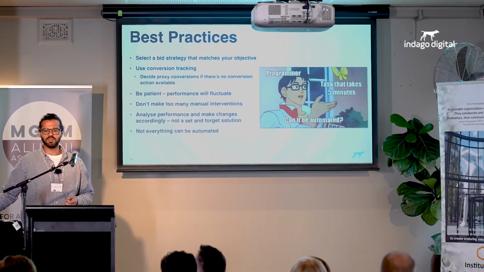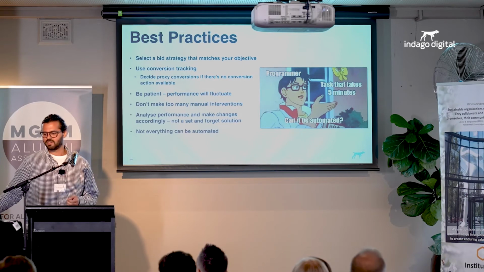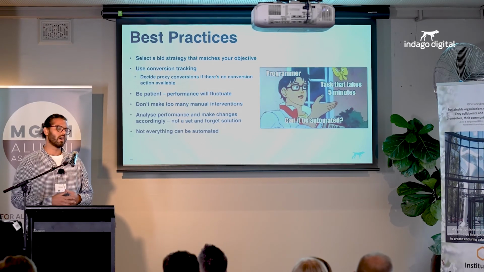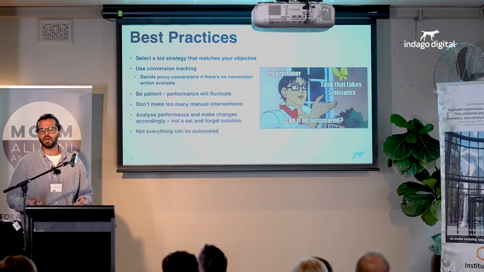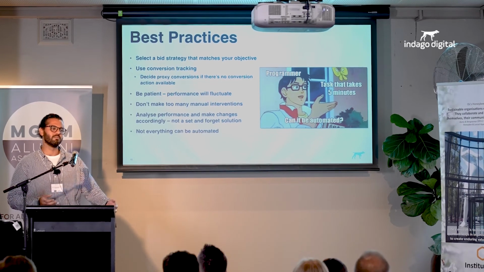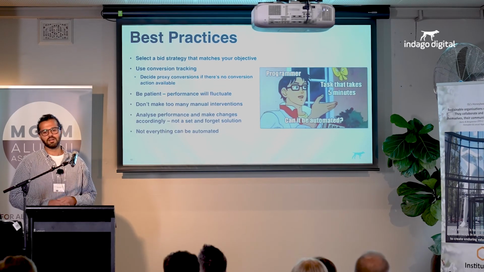And not everything can be automated, so I'm definitely suspect of this behavior. Not all campaigns are prime candidates for using a bid strategy. Even though the data requirements are very limited these days and you can run a bid strategy on very limited data, if you're running a burst for 2 weeks, there's no point running a bid strategy on that, because by the time the bid strategy learns, your campaign will finish.